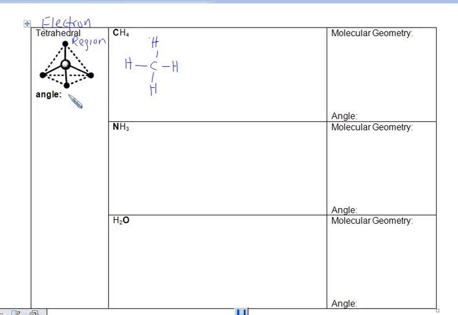However, we're in 3 dimensions. So in reality, this is 109.5 degrees apart, with each of these being the corner of a tetrahedron, and then this would be in the very center. Since each one of these corners is represented by an atom, our molecular geometry for this is also a tetrahedron.